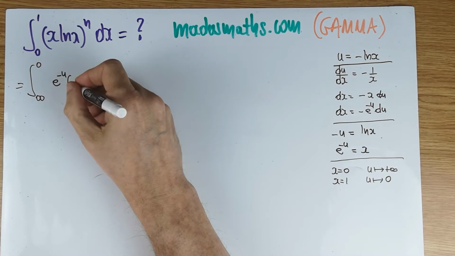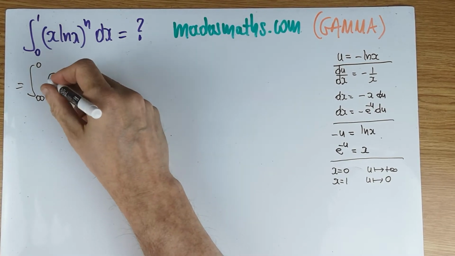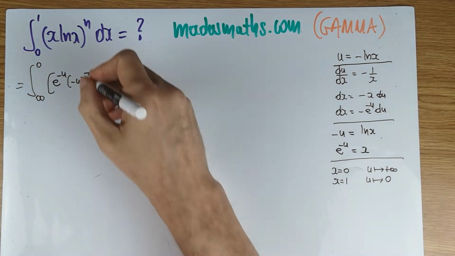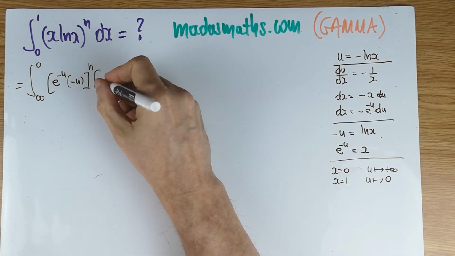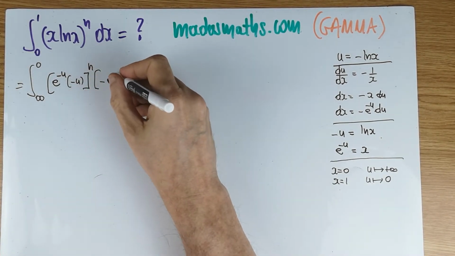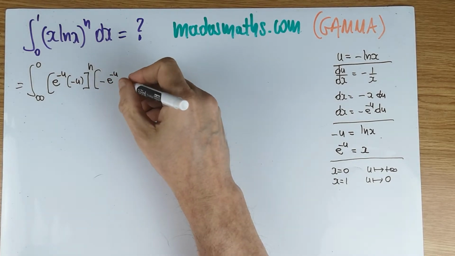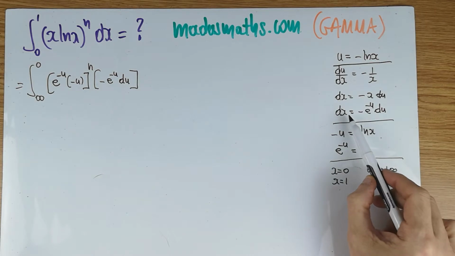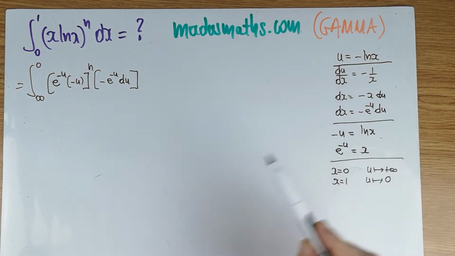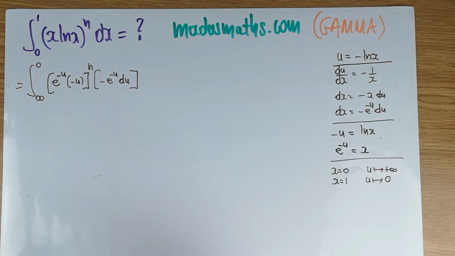Let's write it in bits so we don't make a mistake. To the power of n. The dx, of course, is minus e to the minus u du, and this is from differentiation. So hopefully I haven't missed anything.